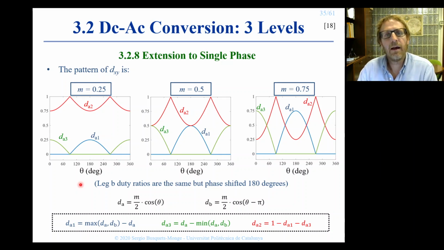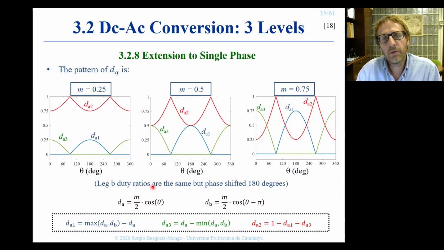In fact, the leg duty ratios can be obtained following the same approach we used for the three-phase case. We first write down the normalized value of the leg voltages, dA and dB, and then dA1 can be computed as the maximum value of dA and dB minus dA. dA3 is equal to dA minus the minimum value of dA and dB, and dA2 can be obtained knowing that the addition of the 3 duty cycles is equal to 1.